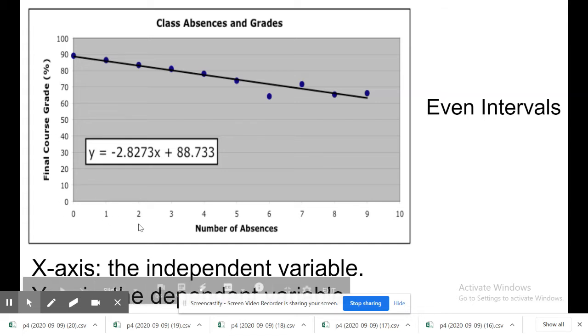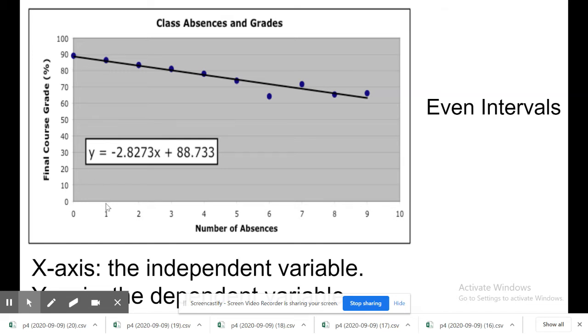Okay, and then you are going to start to label those dots. How do you find those dots? First you go to your x-axis. Students who have no absences, the average score is 90%, so it's 0, and then find 90 on the y-axis. You put a dot in there. For students who have one absence, the average grade is about 86%.